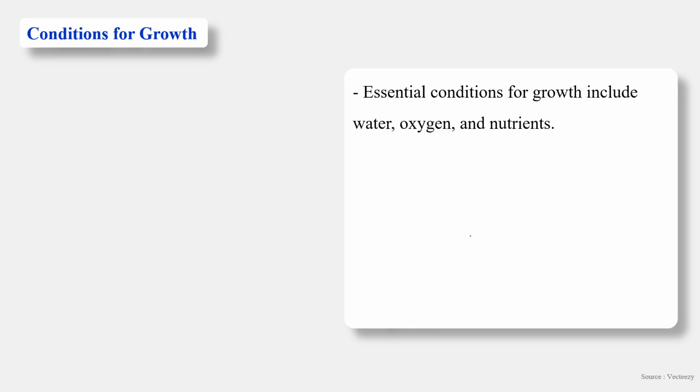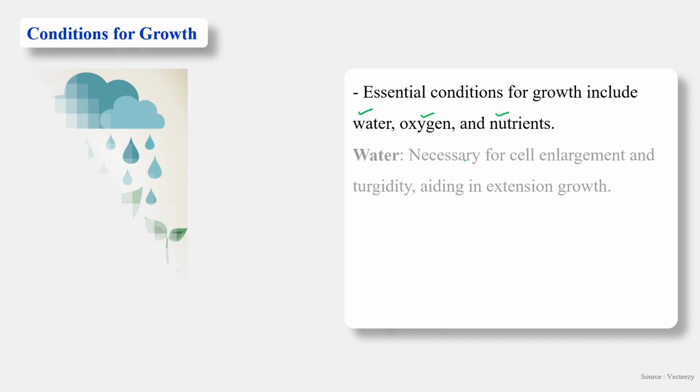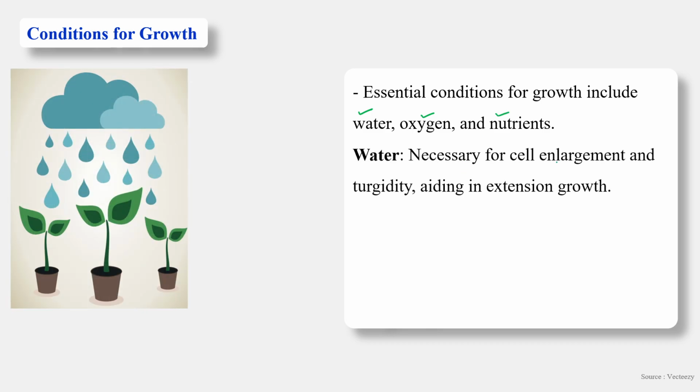So, conditions for growth. What are those essential conditions? Essential conditions for growth include water, oxygen and nutrients. Water is necessary for cell enlargement, turgidity and extension growth. Water also provides a medium for enzymatic activities.